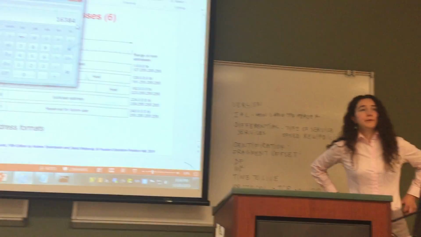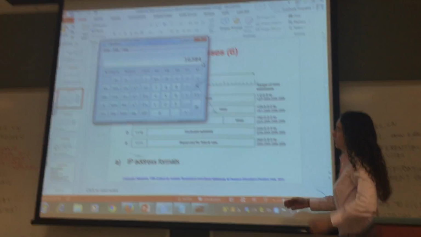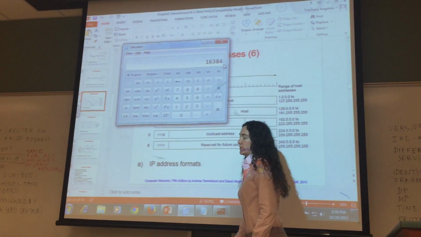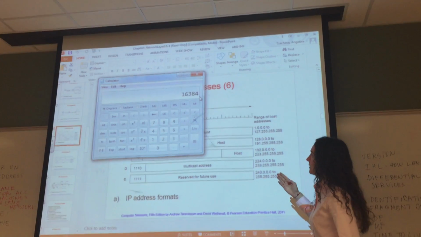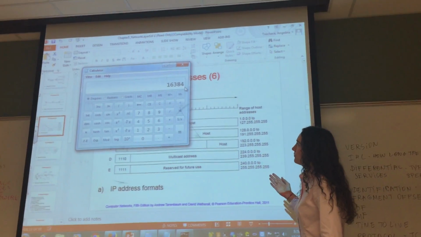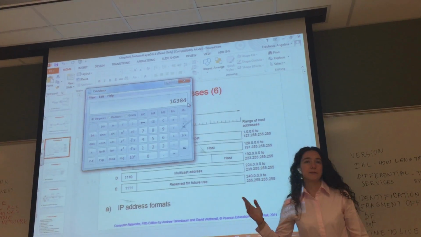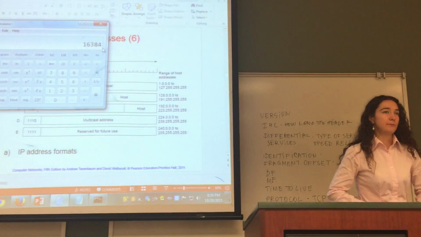So why would a company request a network address with so many hosts? The company was dreaming that it was going to grow so big that it would have thousands and thousands of employees, each with its own computer that needs its own IP address.